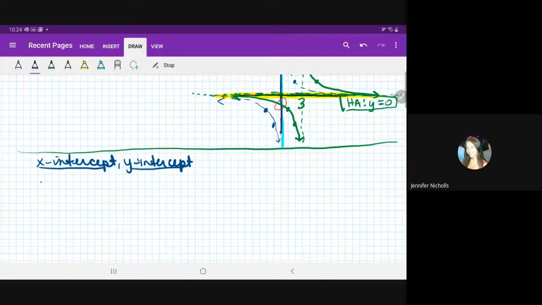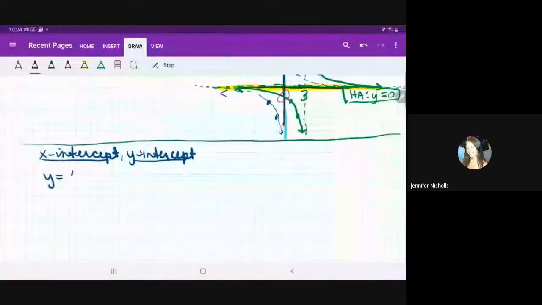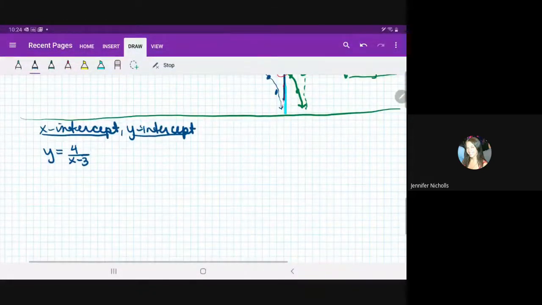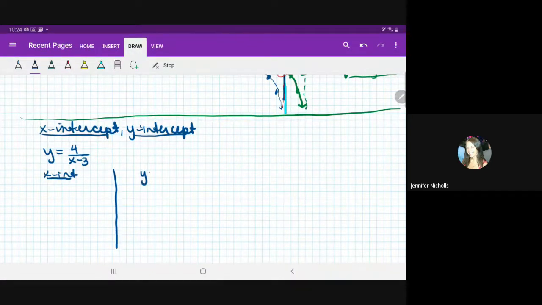Okay, so I have y equals 4 over x minus 3. And I need to find the x-intercept. And then separately, I'm going to find the y-intercept. Okay, so do you remember how to find an x-intercept? So type in the chat if you remember how to find an x-intercept.